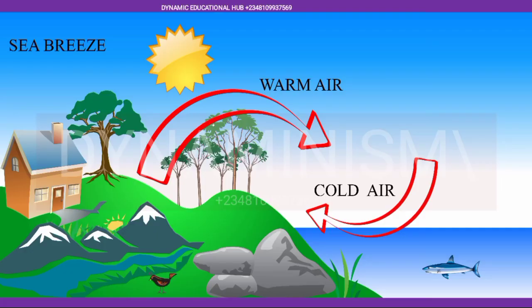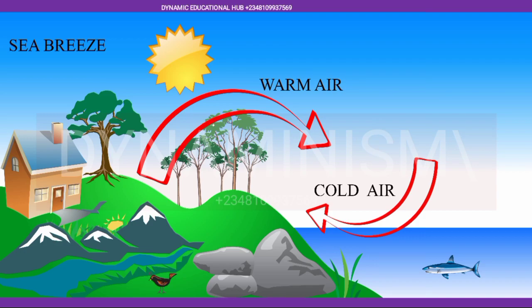The next one, let's quickly look at this illustration explaining sea breeze and land breeze. This one is for sea breeze. You discover that in the afternoon when the sun is shining, everywhere is hot, and you have people going to different beaches. Why are they going there? They are going there to receive convection current.